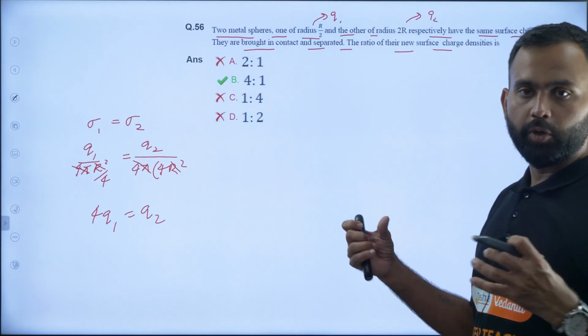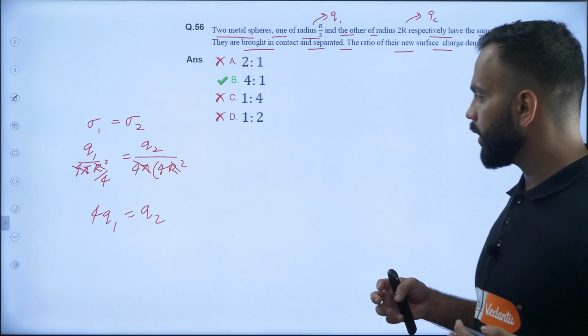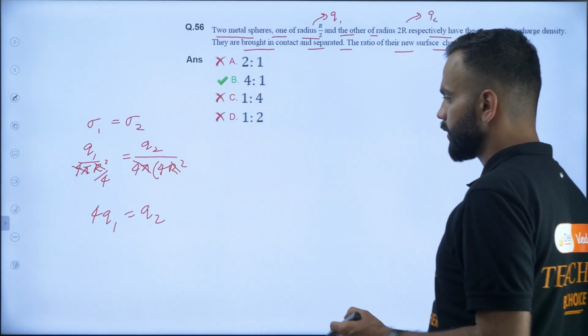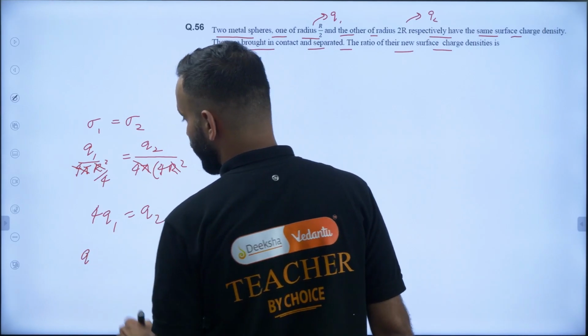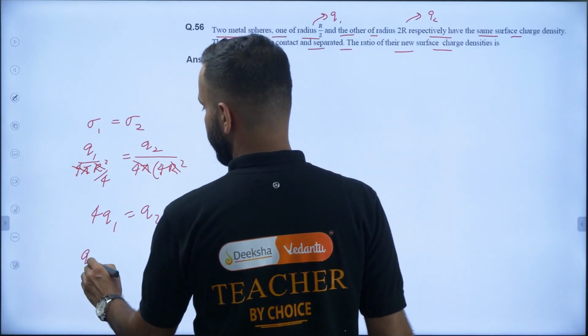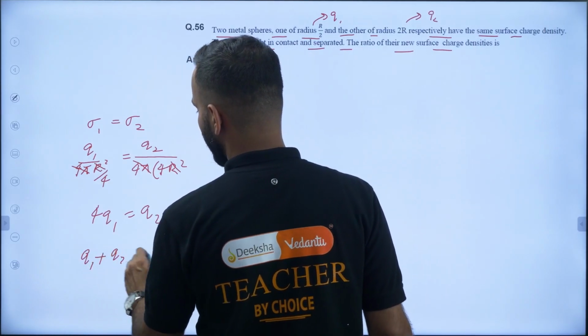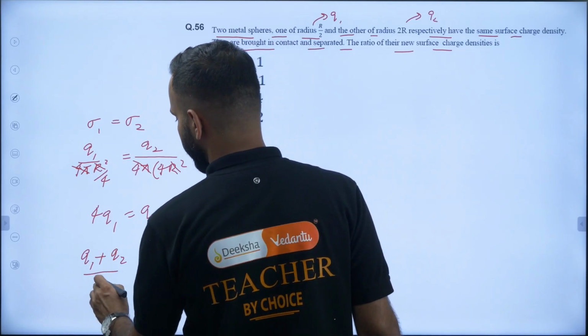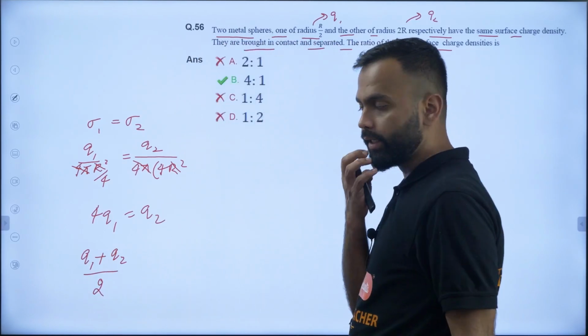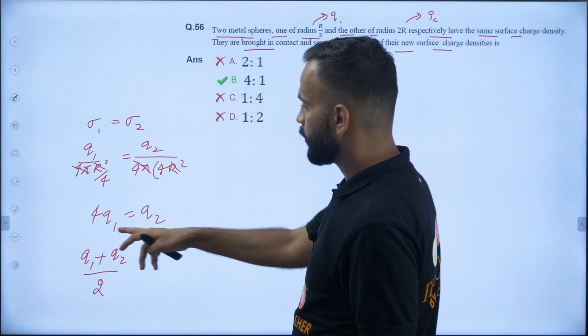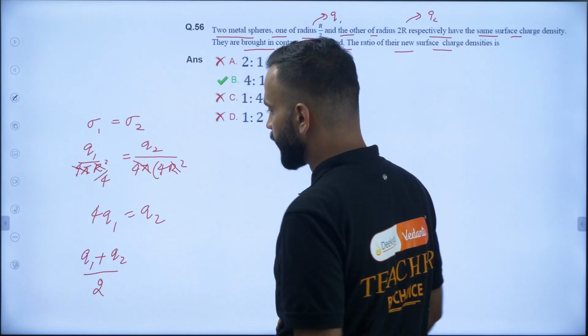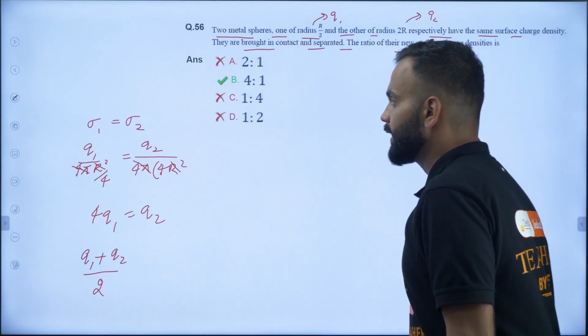So now when they are brought in contact, the charge distribution will take place. What is the charge on each metallic sphere after they are brought in contact? Q1 plus Q2 divided by 2, right? Q2 is equal to 4Q1, so what is the total charge?